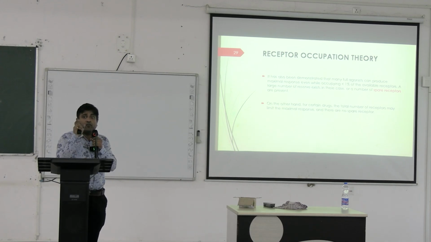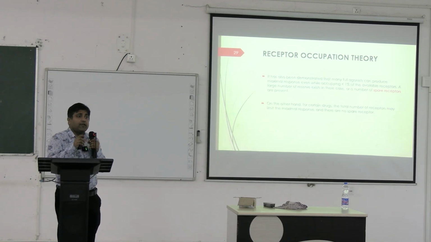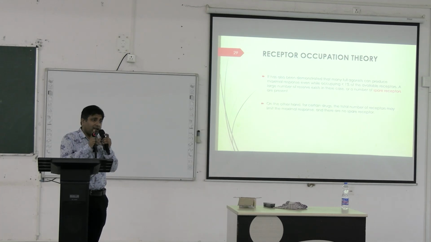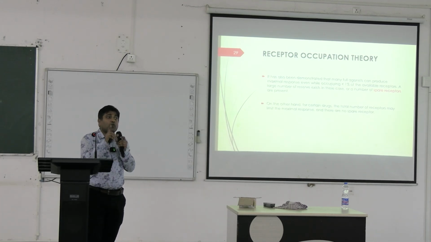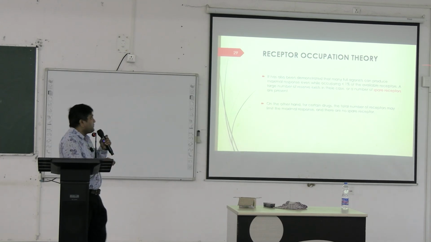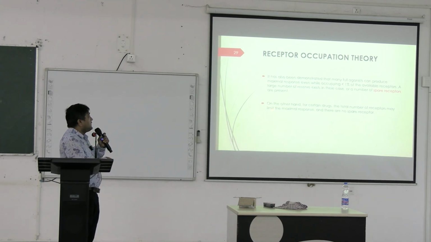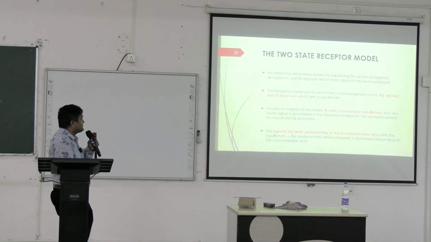And there is a concept called spare receptors. Spare receptors means normally many more receptors than those working in the body remain in a dormant stage, like beta 2 receptors, they have got spare receptors. On the other hand, for certain drugs the total number of receptors may limit the maximal response.